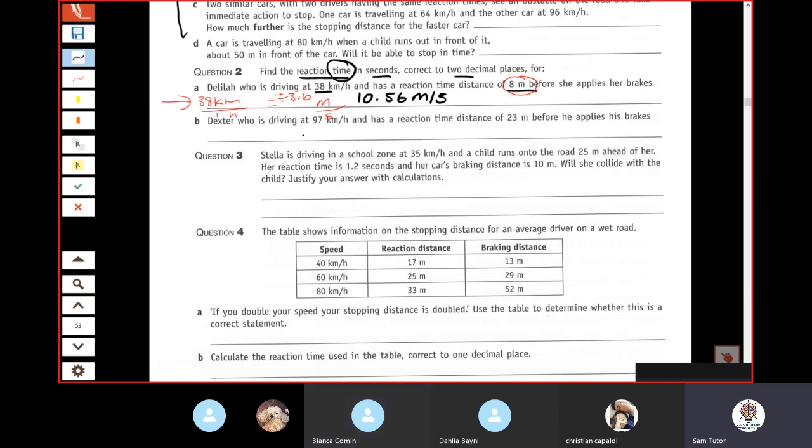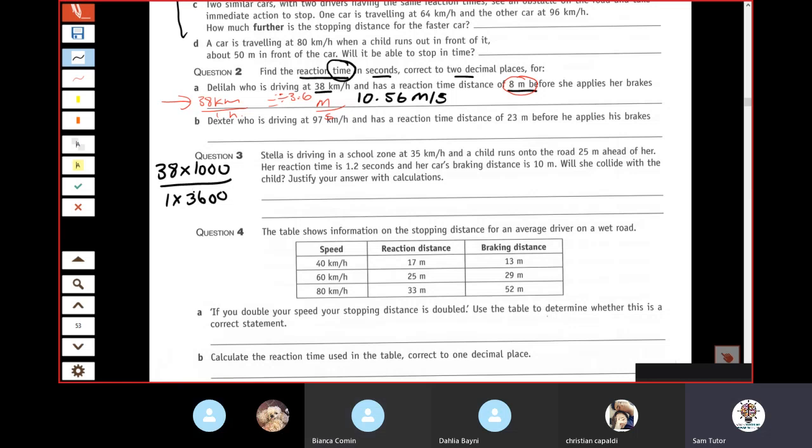But like I said, that trick doesn't work all the time. You need to learn a way of converting 38 kilometers per hour into meters per second, and this would be the math. 38, there's 1,000 meters in a kilometer, so you times the top by 1,000, over 1 hour, there are 3,600 seconds in 1 hour.